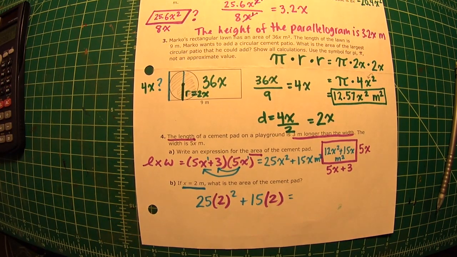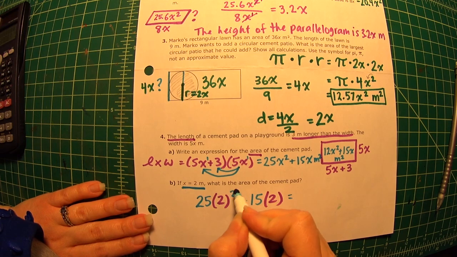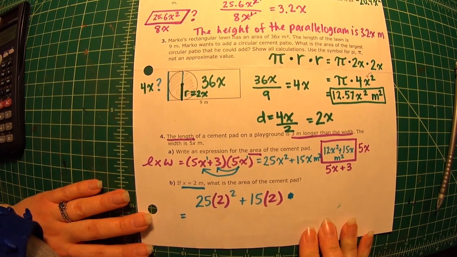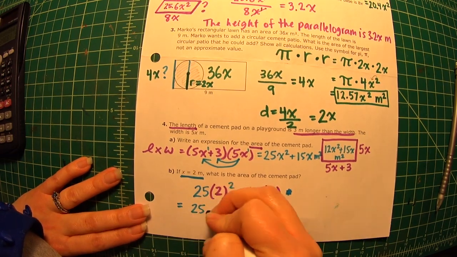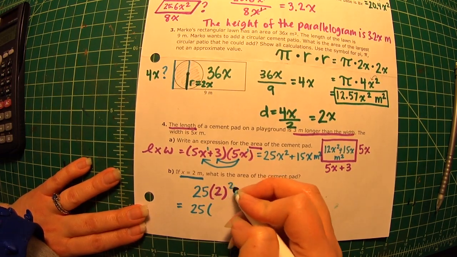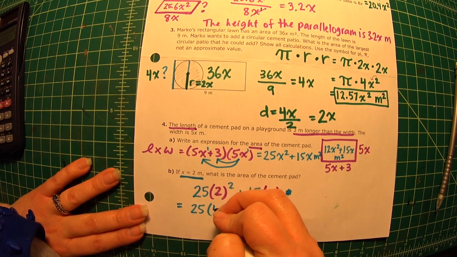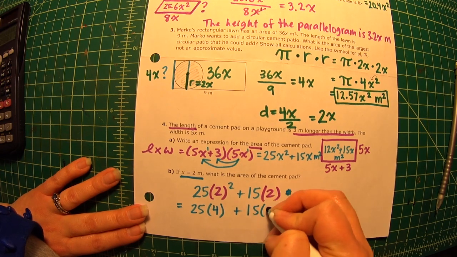equals. Okay, and we still want to make sure that we're using BEDMAS. So let's deal with this exponent first. Should go down here. So that would be 25, and then 2 exponent 2, so that means 2 times itself twice. So 2 times 2, 4. And then 15 times 2.